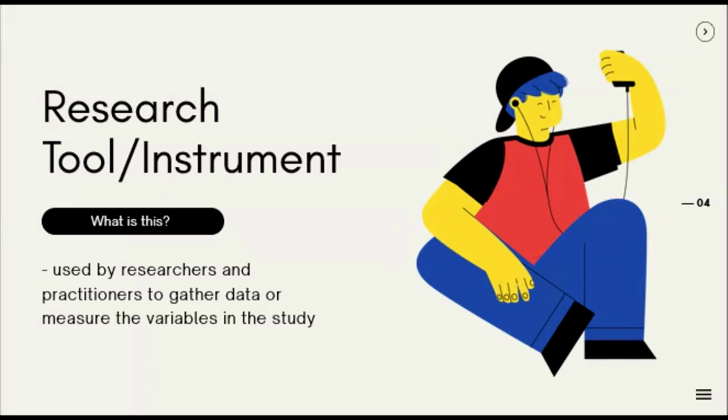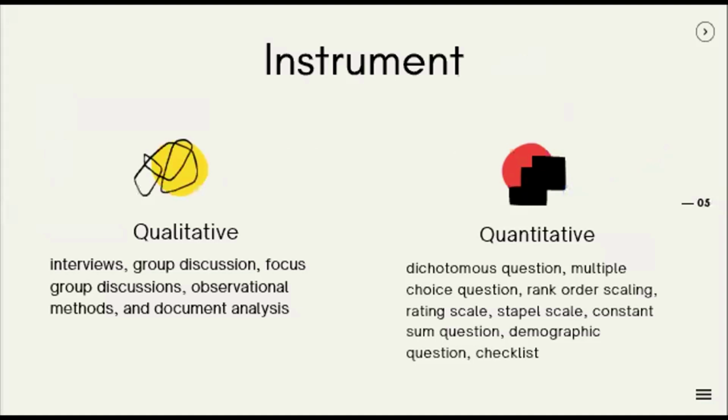Okay, in order to create an instrument, the researchers must formulate the questions based on the objectives of the study. Okay, what type of tool and instruments are we going to use? Okay, in both research designs, we are using various instruments for quantitative and qualitative research.